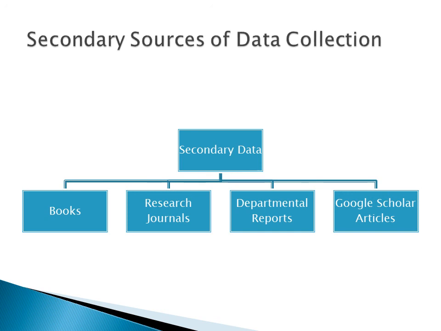For example, we are doing research on the impact of COVID in 2020. All the records of the companies, their economic conditions, their finances, we will collect from their departmental reports. So this is also a source of secondary data collection.